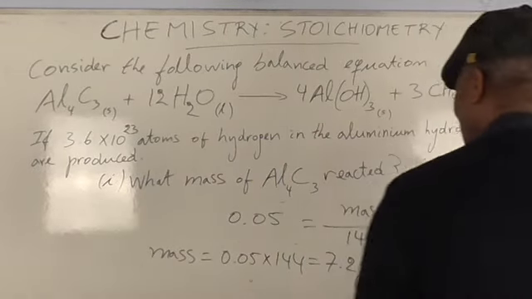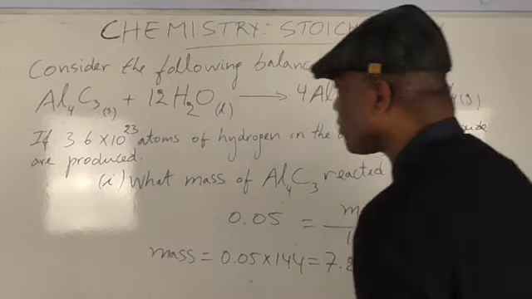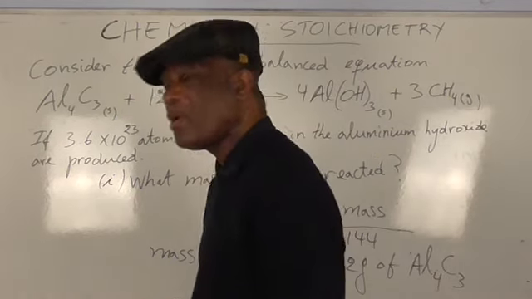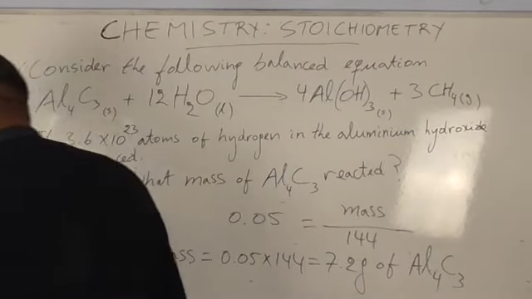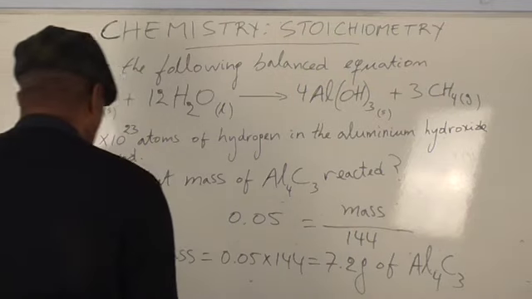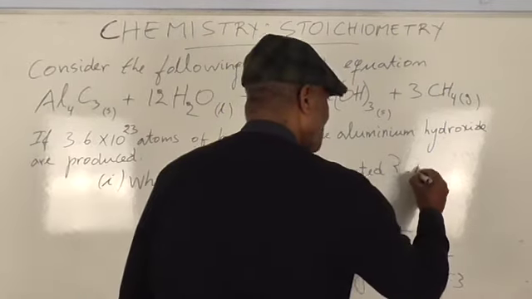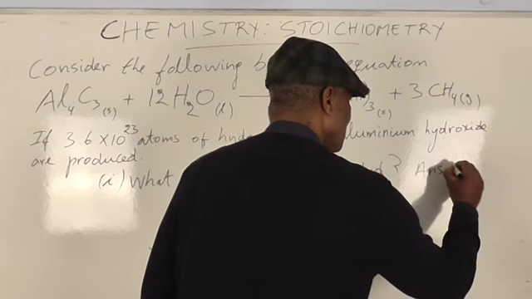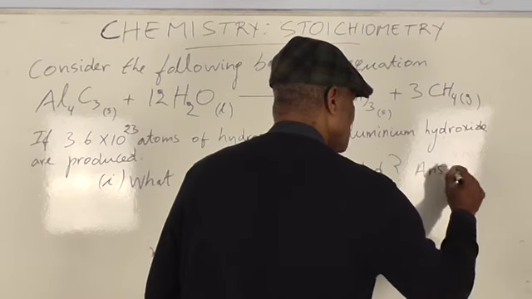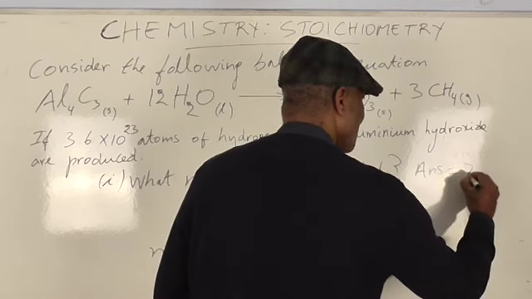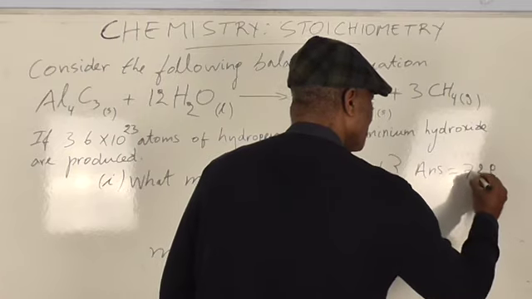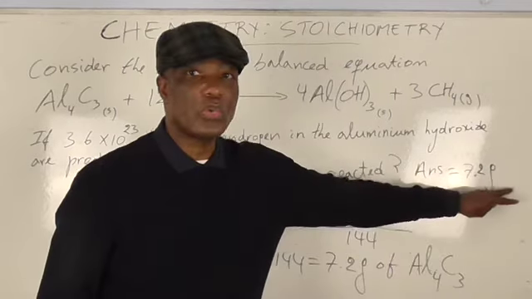Now that we have the answer for the very first question, we are going to move to the second question. So the answer to the first question is 7.2 grams.